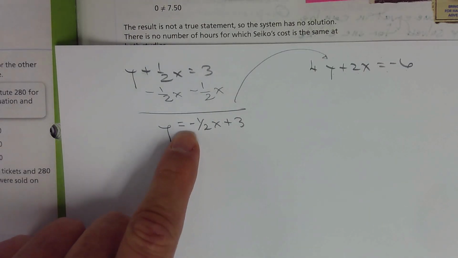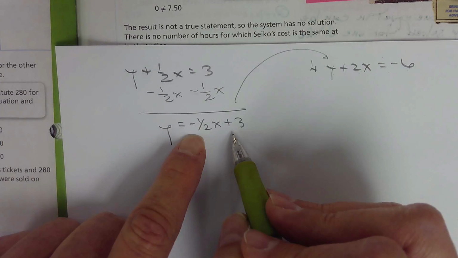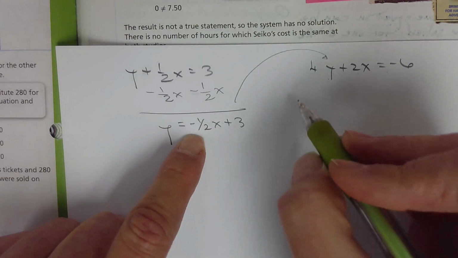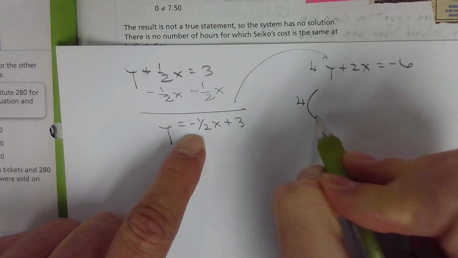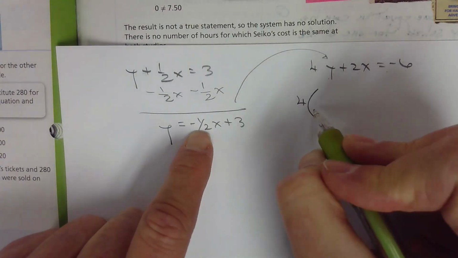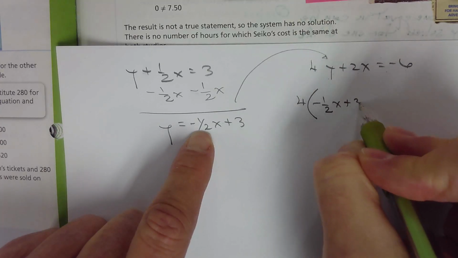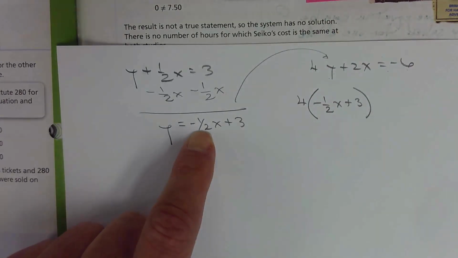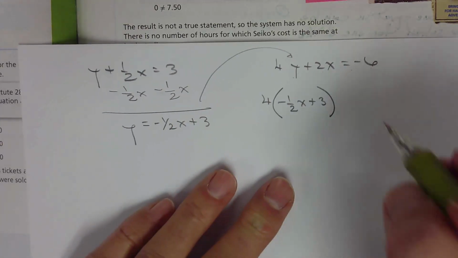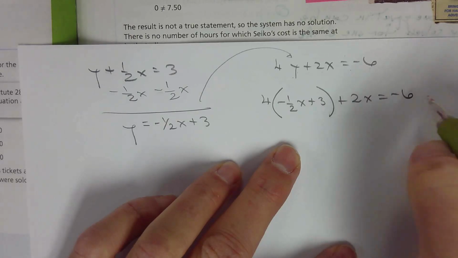So if this is y, negative 1/2 x plus 3, I'll replace the y here with that. So it's going to be 4 times, and I'm going to put it in parentheses, a negative 1/2 x plus 3. Close the parentheses, because now I have a plus 2x equals a negative 6.